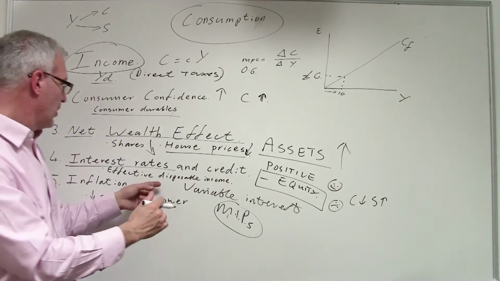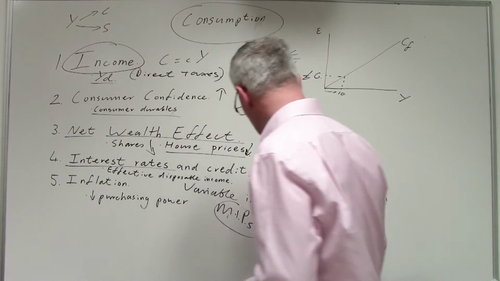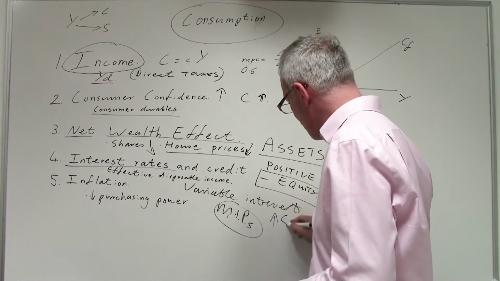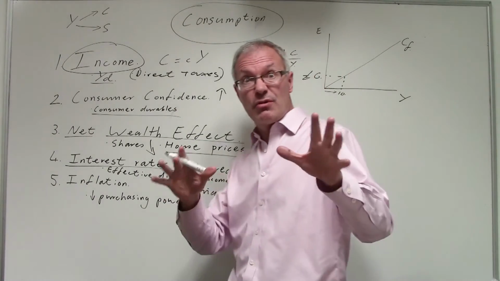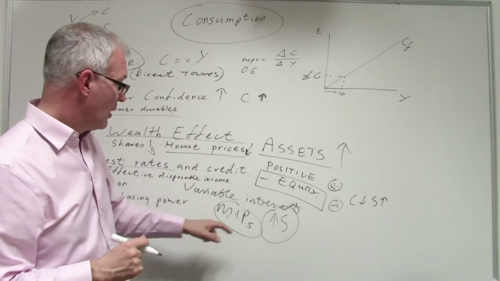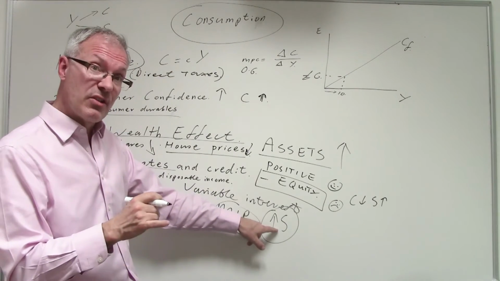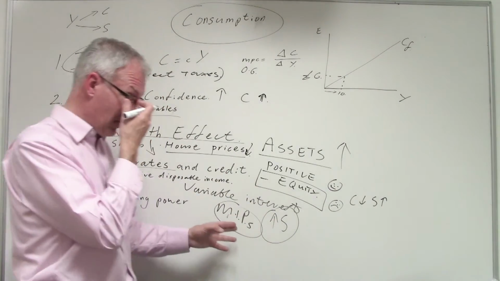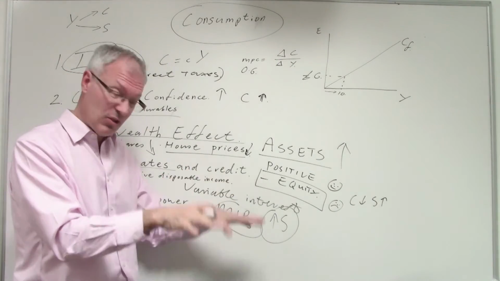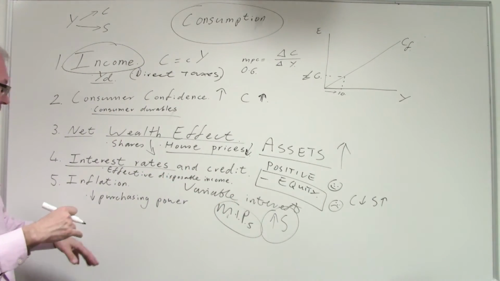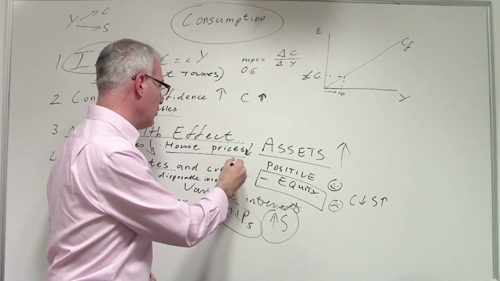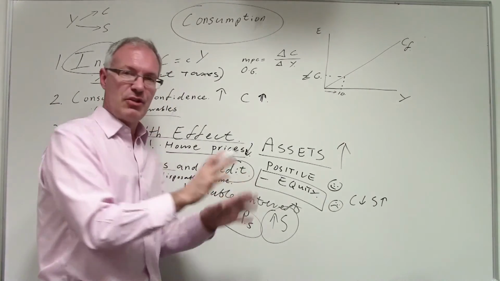Another factor is that if interest rates increase, it's going to make it more attractive to save because you get a greater return on saving. So people will tend to save a greater amount when interest rates increase, and vice versa when they fall.